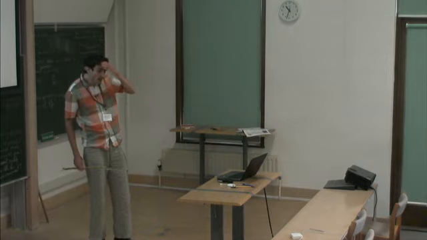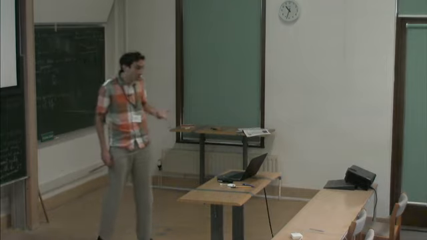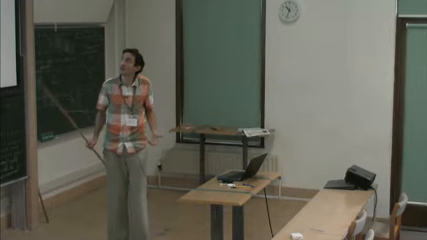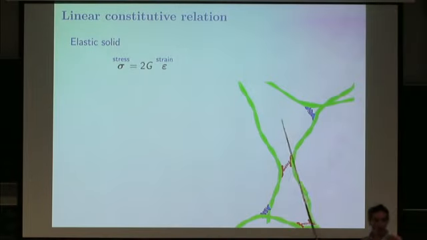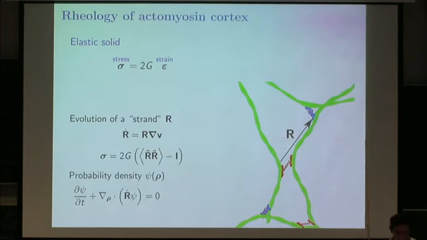So if we have a cross-linked network, the linear approximation would be that the stress and the strain are proportional. And this you can get from a very classical derivation, starting from the length of a strand here, assuming entropic elasticity, and looking at the probability density of your R strands.